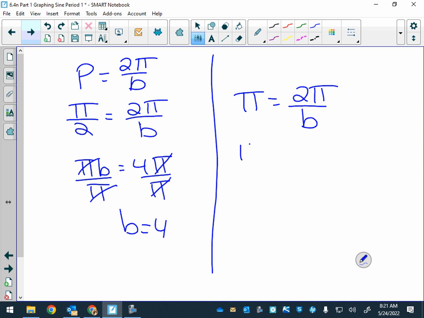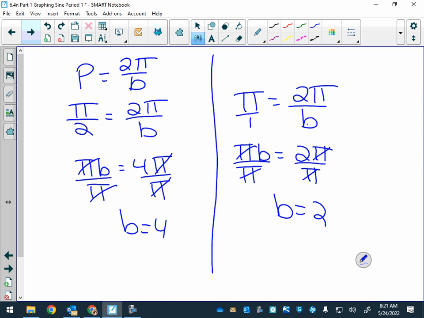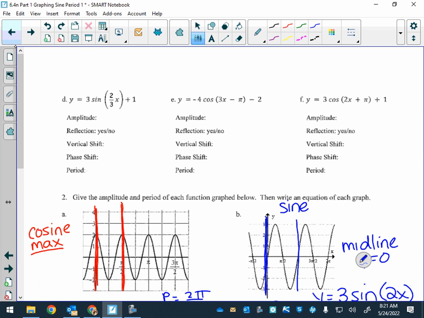We cross multiply because this is over 1. So pi times b and 1 times 2 pi. Divide by pi, these cancel. b equals 2.